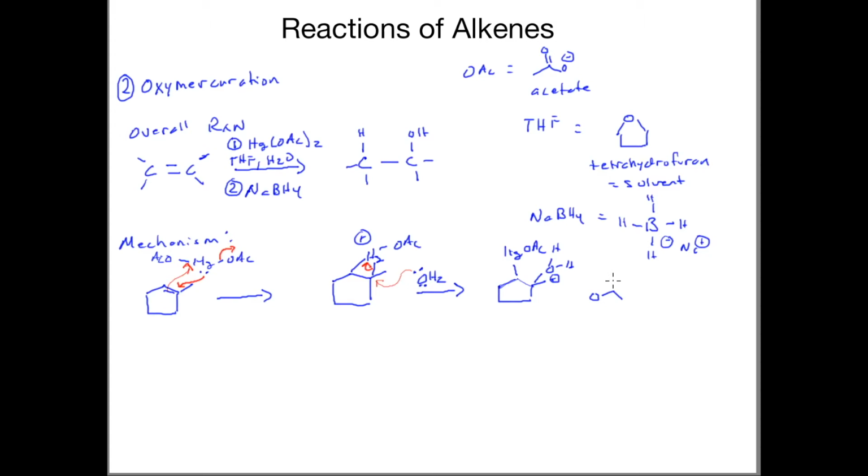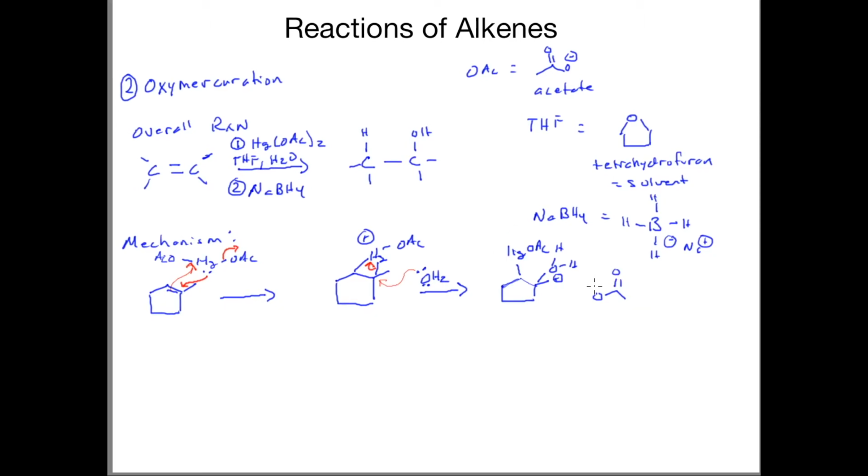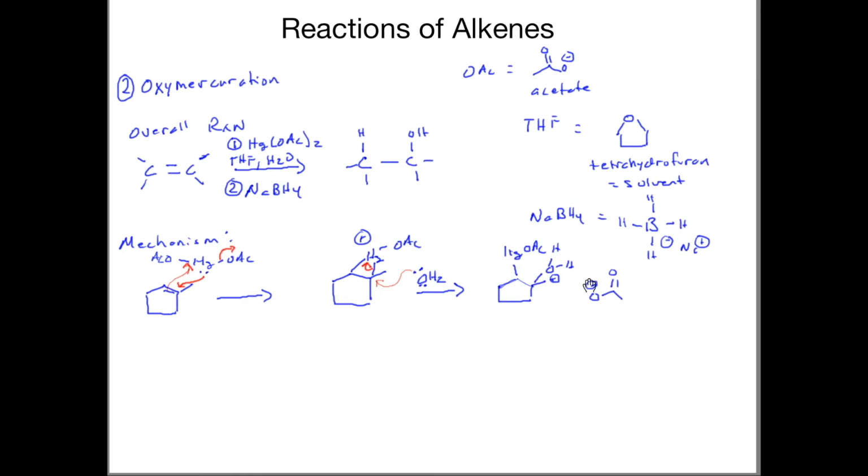And then we kicked off one of the acetate groups, and so one of these acetate groups now can come in and pick up the lone proton that's hanging on here, and put the electrons back onto the oxygen. And then you can see that we now have our OH.